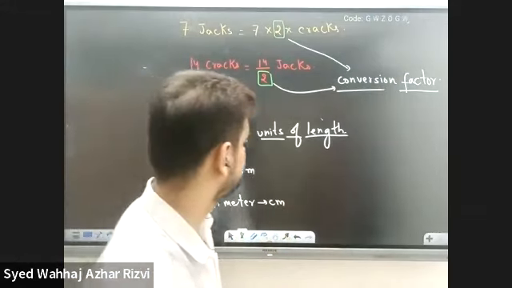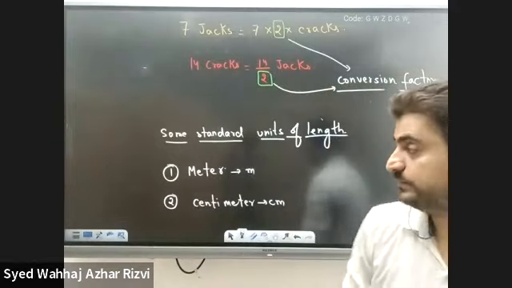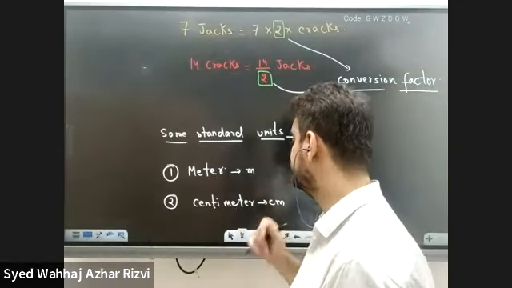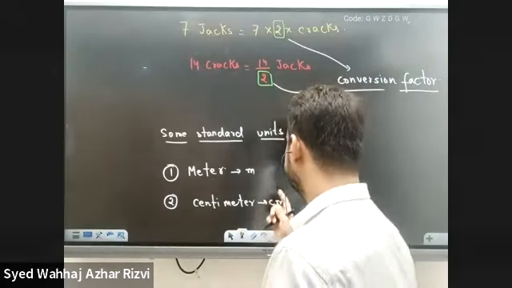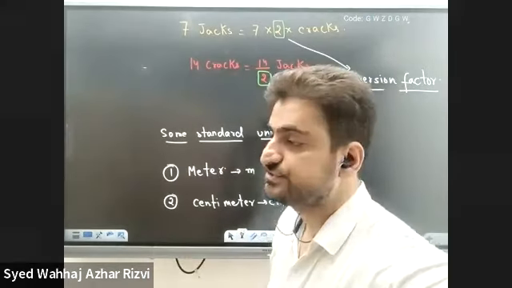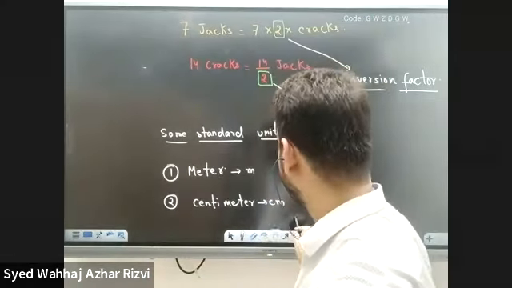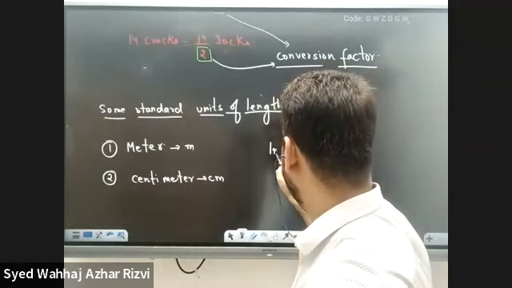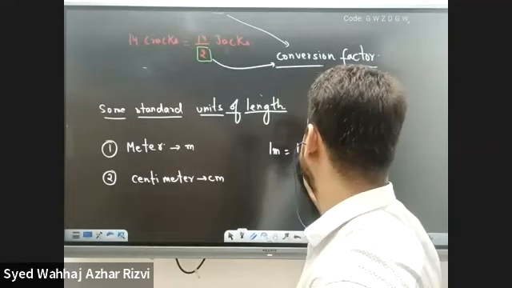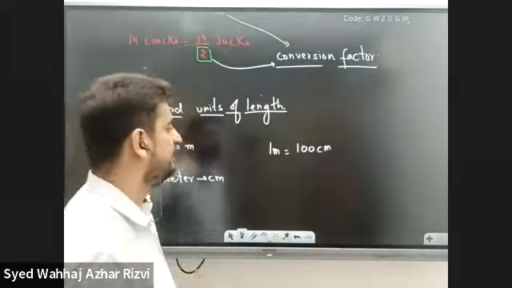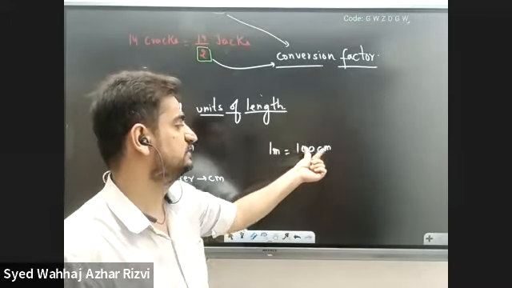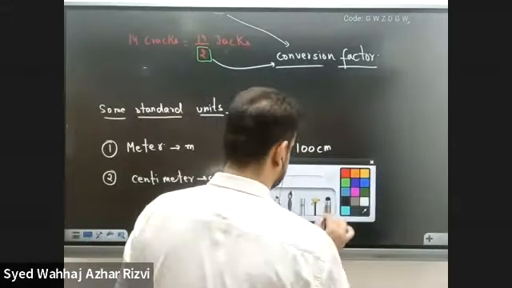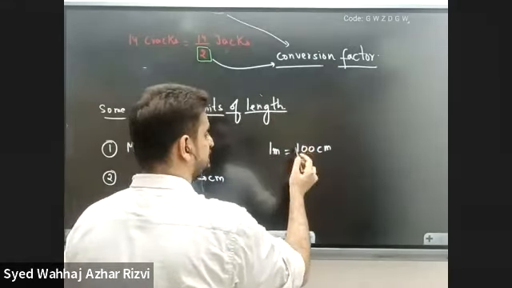Now, what is the conversion factor? How do we convert something which is in meter to centimeter, or centimeter into meter? For that we have to ask: how much is 1 meter? 1 meter equals 100 centimeters.